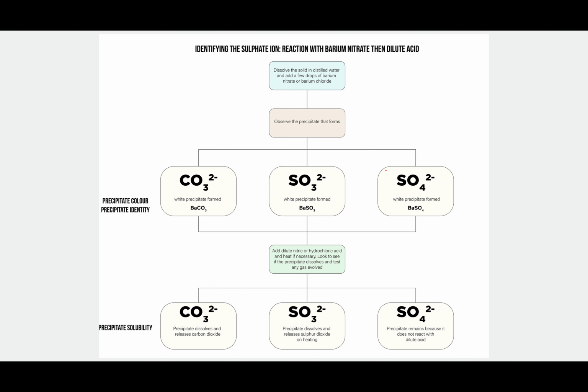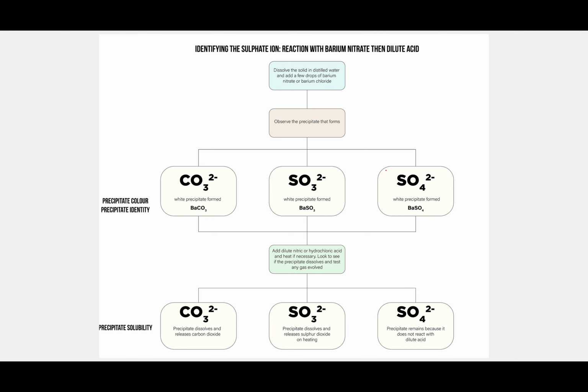Okay. So identifying the sulfate ion, we have to react with barium nitrate, then the dilute acid. So when we have a solid dissolved in water, we add a few drops of barium nitrate or barium chloride, and we look at the precipitates that are formed. We can have barium carbonate, which is a white precipitate.